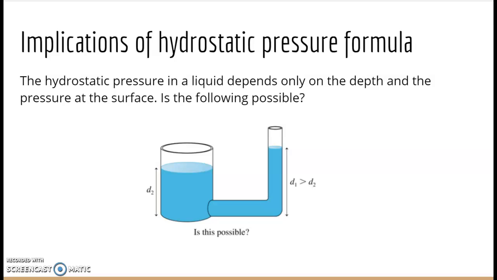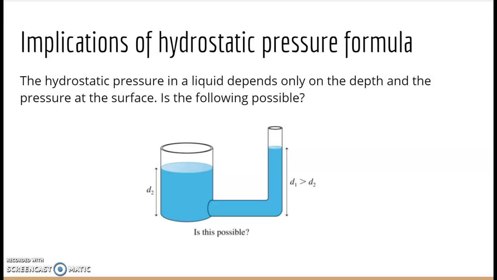So, some implications of the hydrostatic pressure formula, the absolute pressure formula. Looking at this situation, what's depicted here is a container and all of this is connected. It's kind of a funky shape, but that's okay. Both sides of the container are open up to the atmosphere, so there are no closed lids.